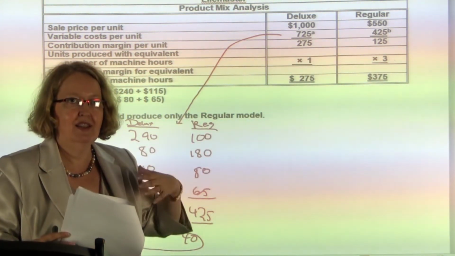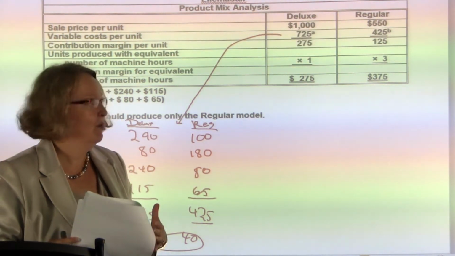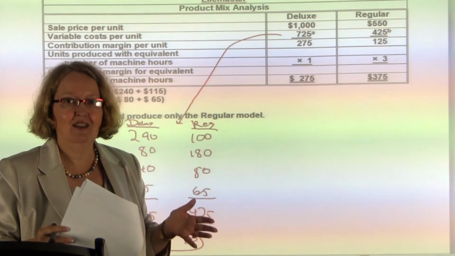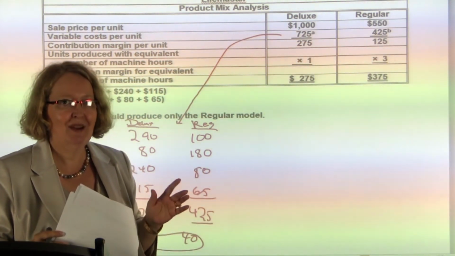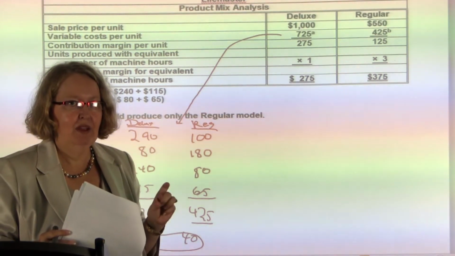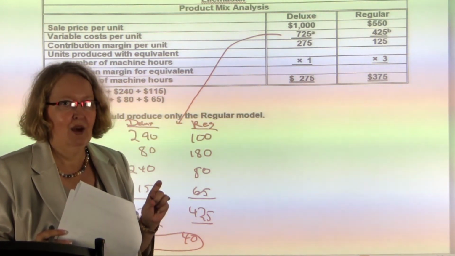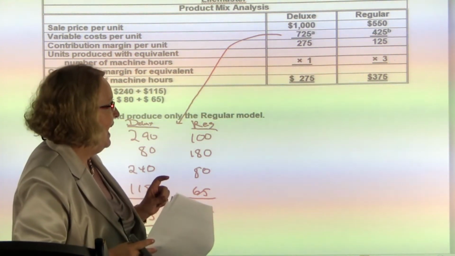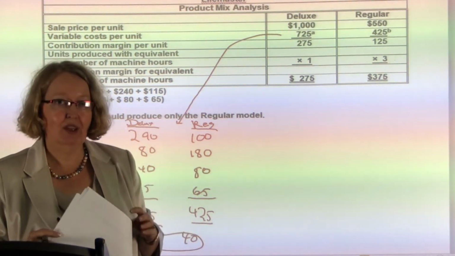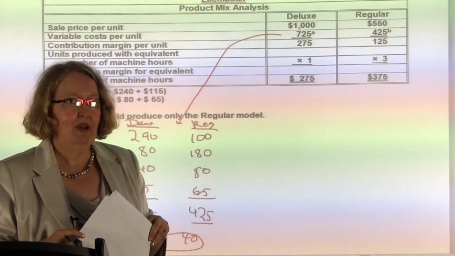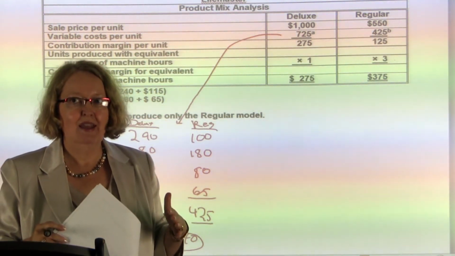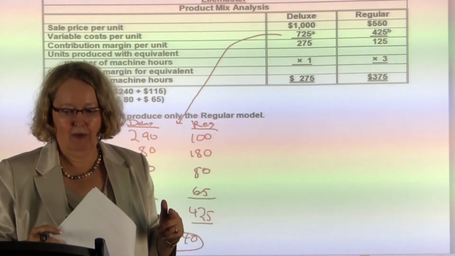Now, if you weren't considering the constrained resource situation, you might come to the conclusion, oh, we should sell more of the deluxe model. But that's not the right decision, because what you want to do is see how much money you can make per machine hour. And what we can take from the information we're given in the problem is that we're using more time to make the deluxe model than we are to make the regular model.